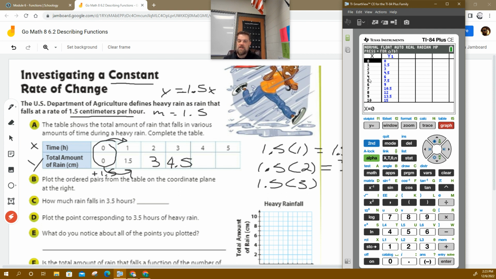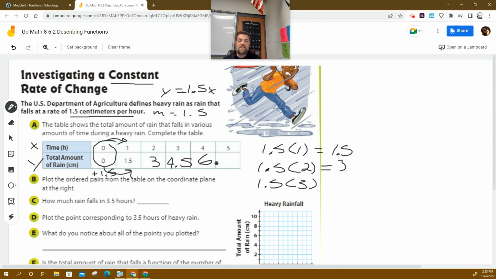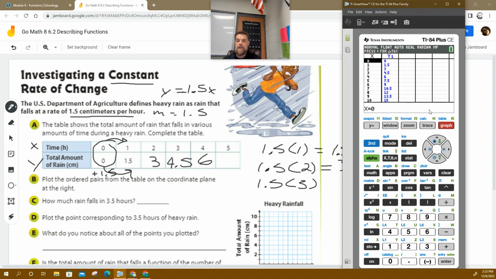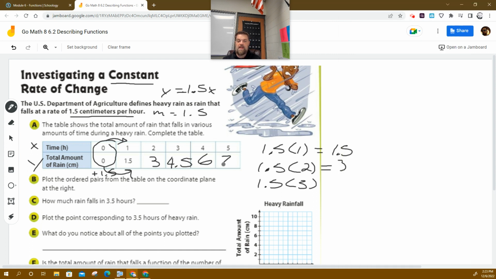Well, I just look here. When x equals 4, y equals what? You can talk now. Oh, now you're quiet? Talk. When x equals 4, y equals, yes, 6. Okay? So y equals 6. When x equals 5, 7.5. Very good.